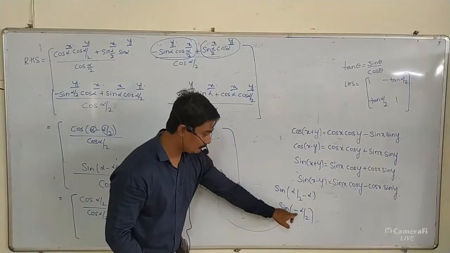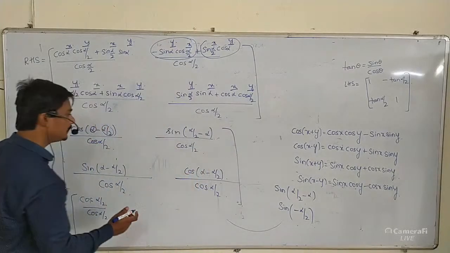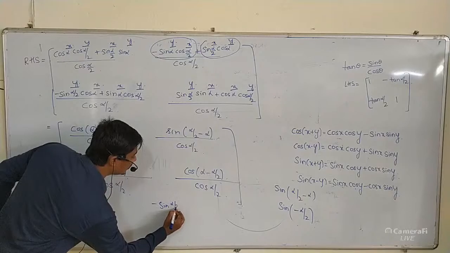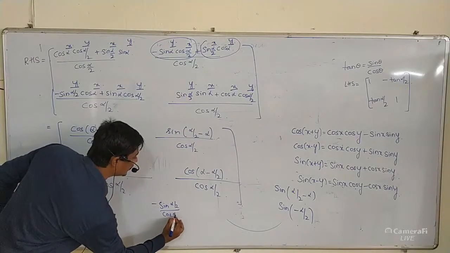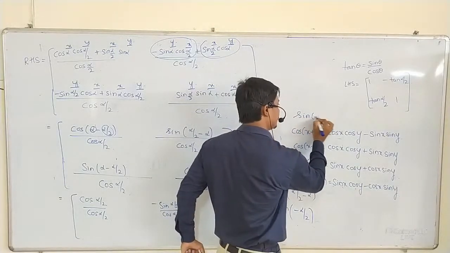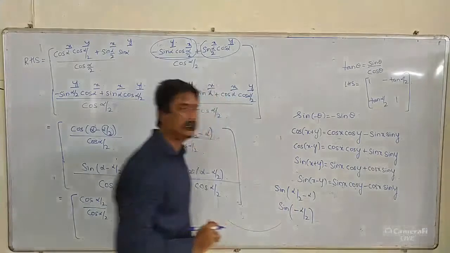What is sin of minus theta? Minus sin theta. So sin of minus alpha by 2 will become what? Minus sin alpha by 2. Denominator is cos alpha by 2. We have used this formula here: sin of minus theta is minus sin theta.